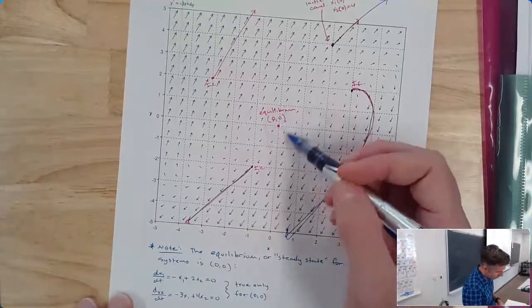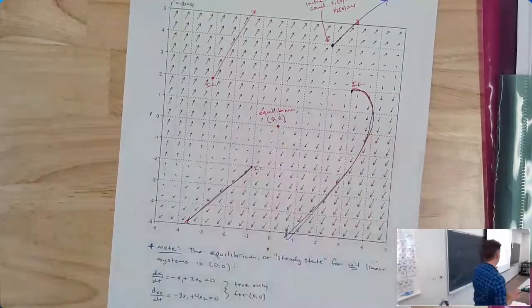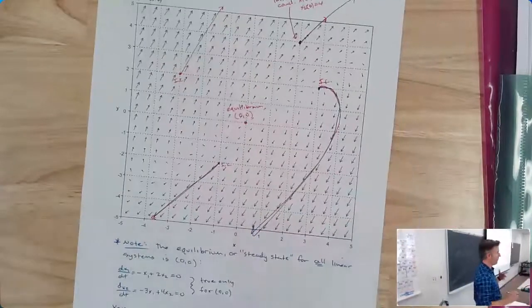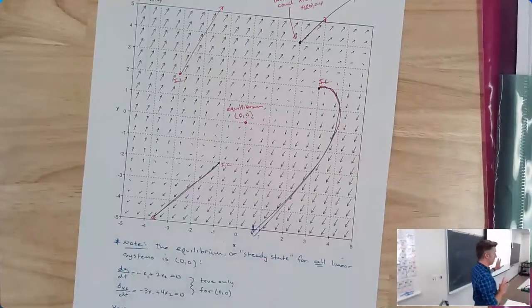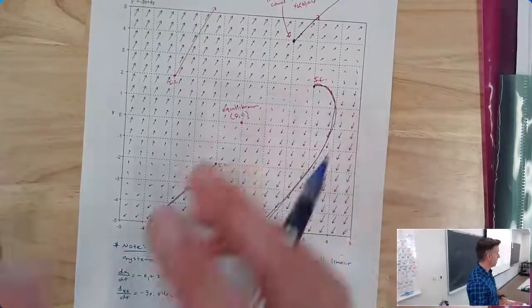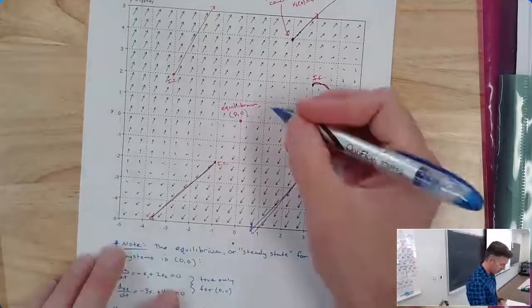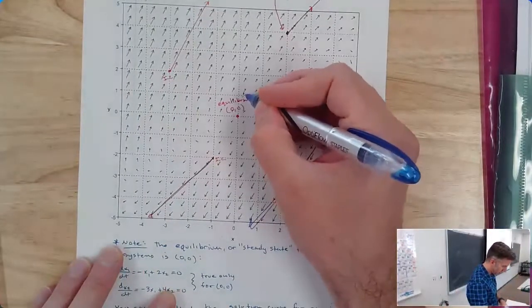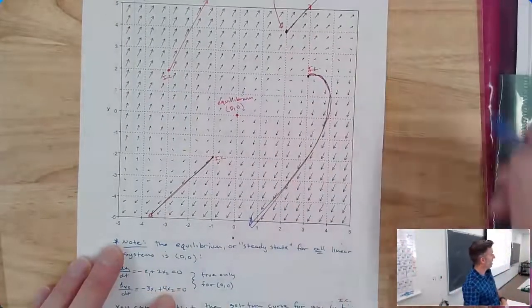The equilibrium, at least for a nice system like this, and this will change as we go on, is 0, 0. And we're going to talk a lot about whether the equilibrium is stable or unstable. This is an example of an unstable equilibrium because if you look at this, all of my arrows are pointing away from it, right? If I started over here, I'm not going back towards my equilibrium, I'm going way away from it.